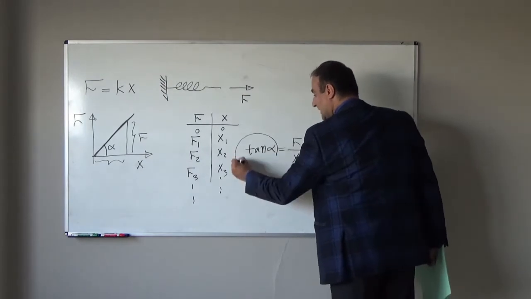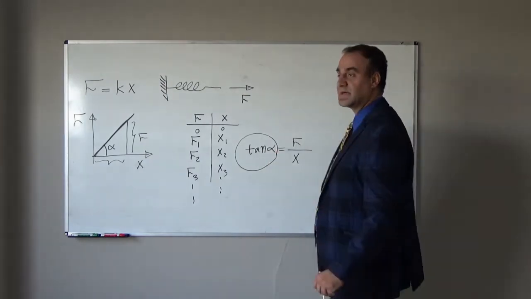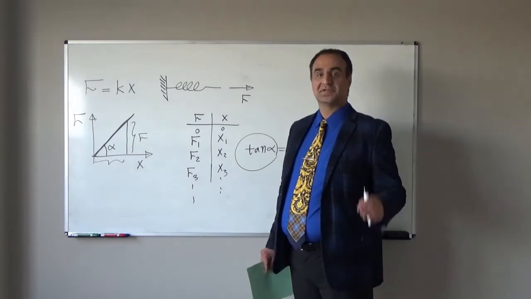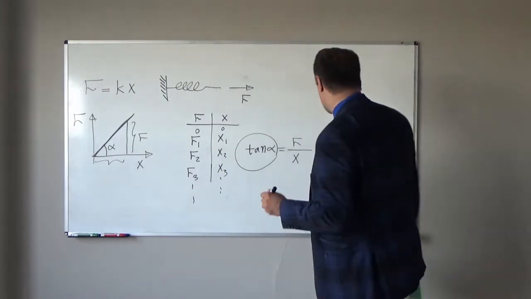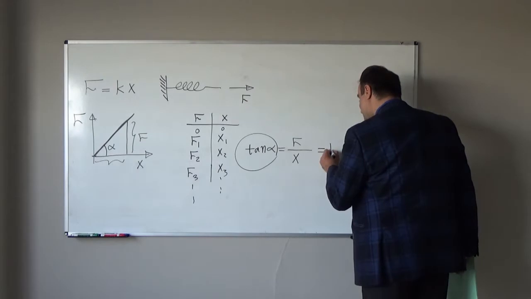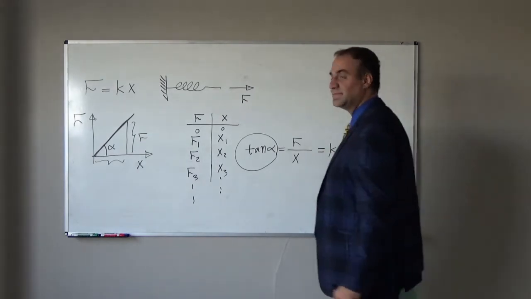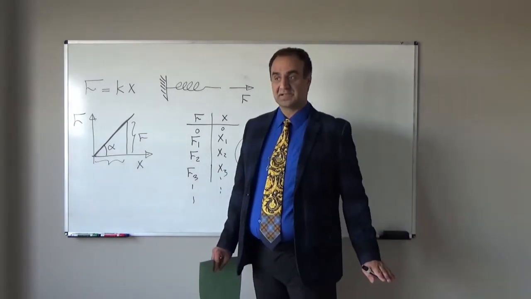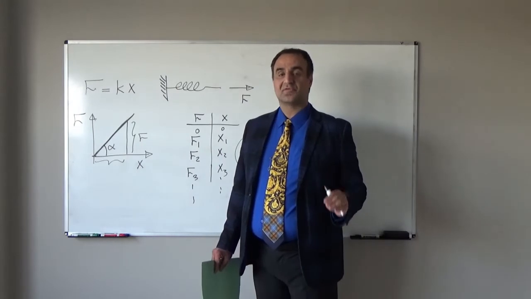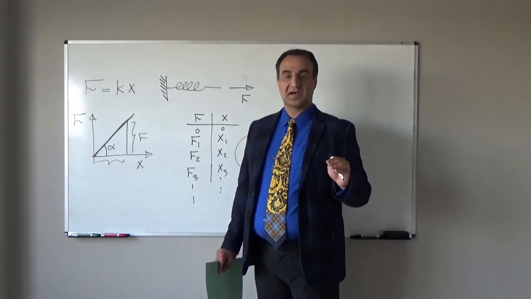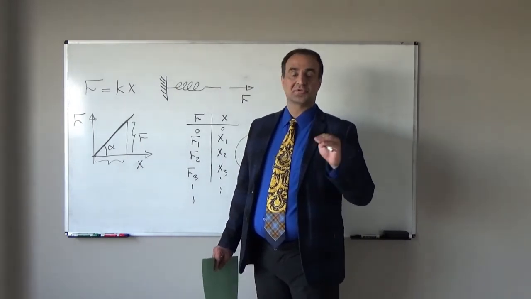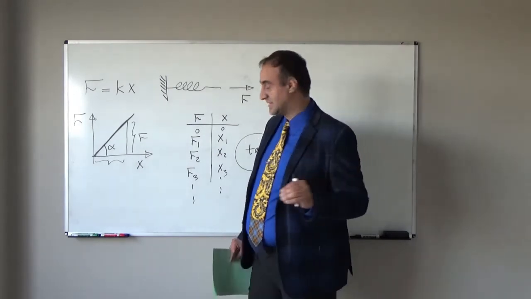This tangent alpha is a constant number for linear elastic material, and we will show that with K, we call it the stiffness of the spring. That is right for linear elastic material under the proportionality limit stress.